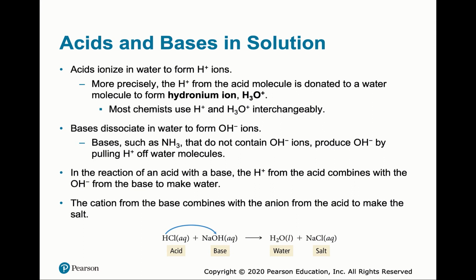And bases form hydroxide. This is something we'll talk about with the Bronsted-Lowry theory in future chapters, about how you can have proton donor, proton acceptor. And the idea with acid-base is that the hydrogen ion from the acid combines with the hydroxide from the base, and it makes water.